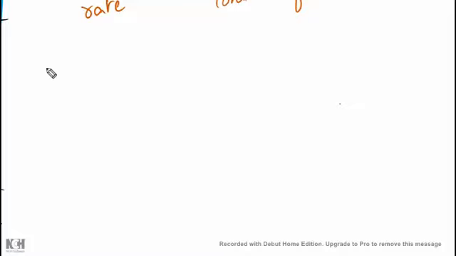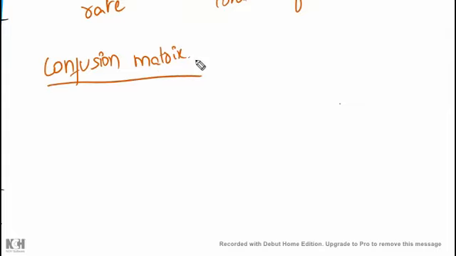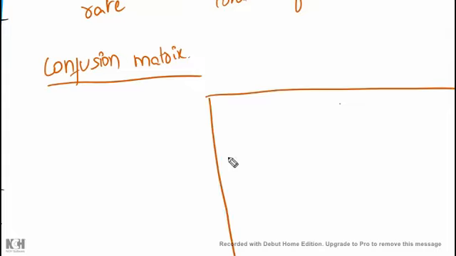Confusion matrix. One of the most important, and you should not get confused. Already, whatever we have done, the same thing we did in the hypothesis test. Now, I'm going to create a matrix.